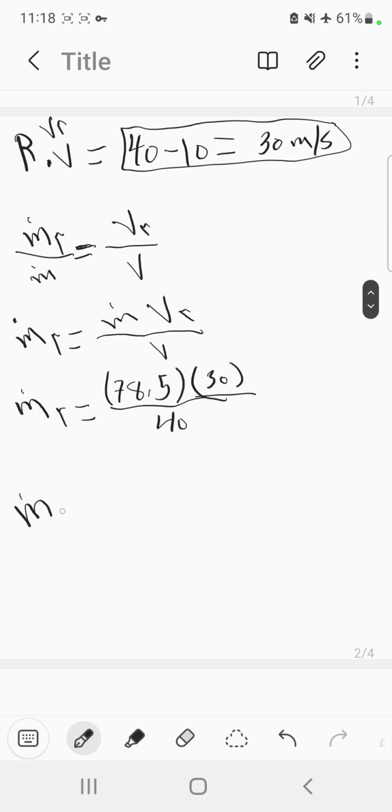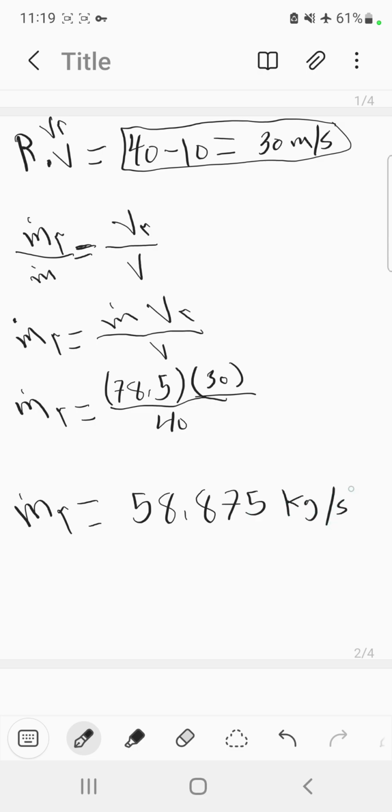So we're going to end up with 58.875 kilogram per second.